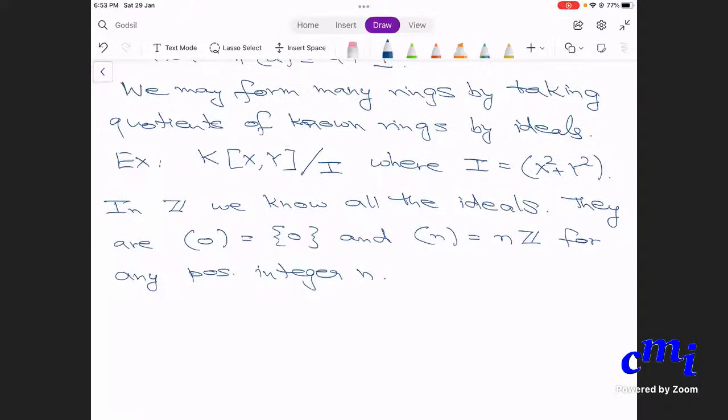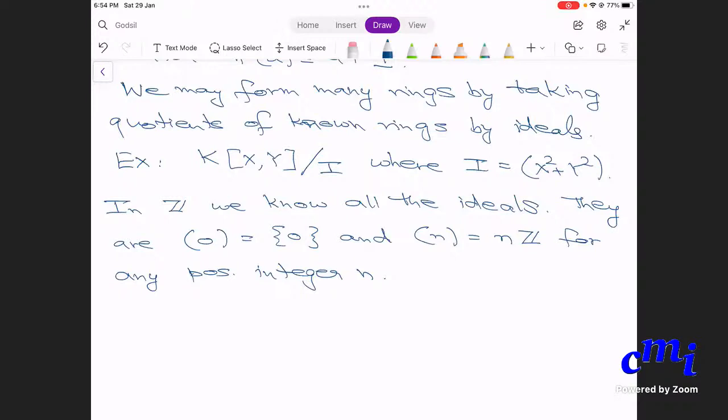Every ideal in Z is either the 0 ideal, which has only the 0 element in it, or it consists of all multiples of some positive integer n. This is an important result because it tells you the complete ideal structure of that ring. Usually, if I ask you what all the ideals in a ring are, you will not be able to answer this question.